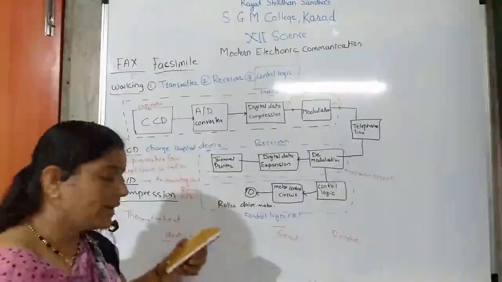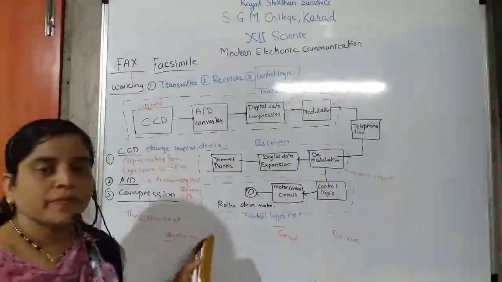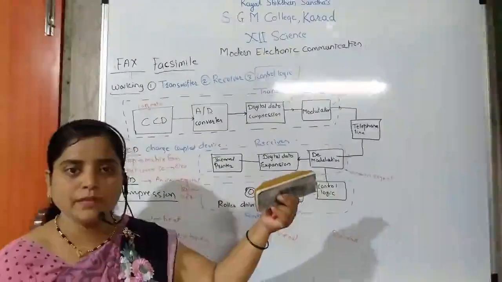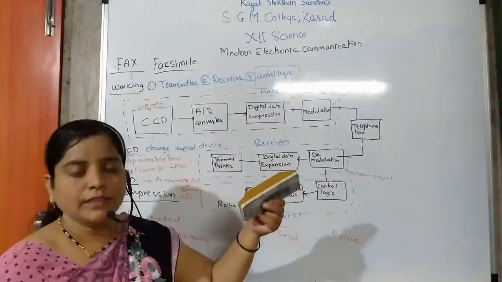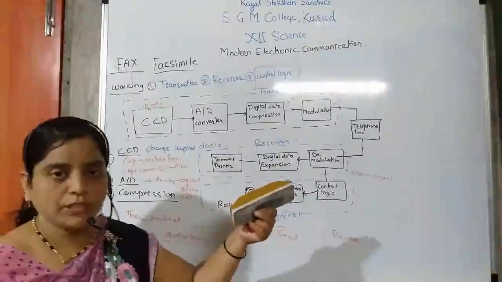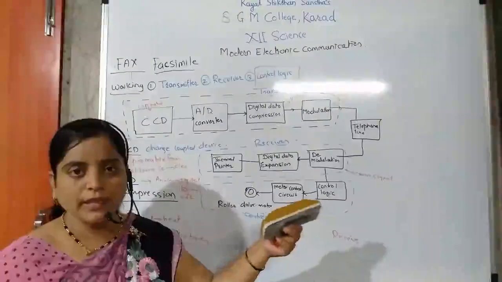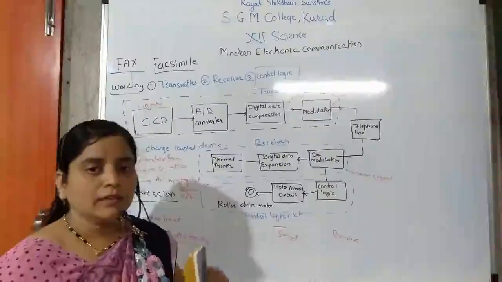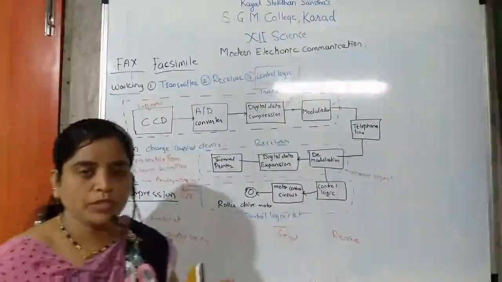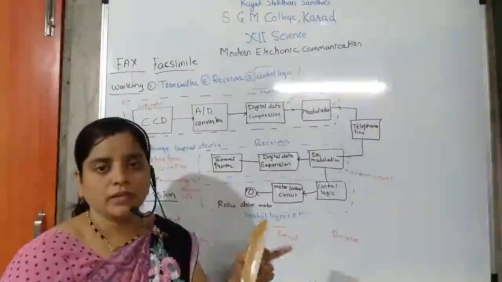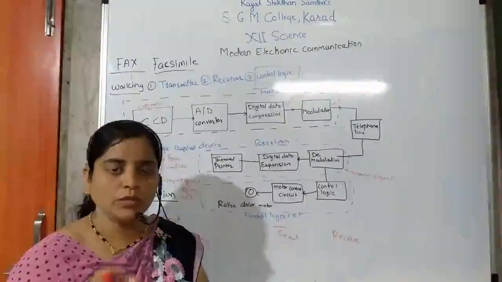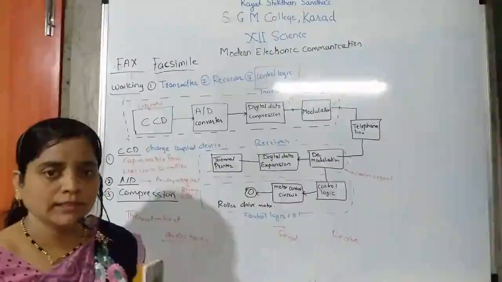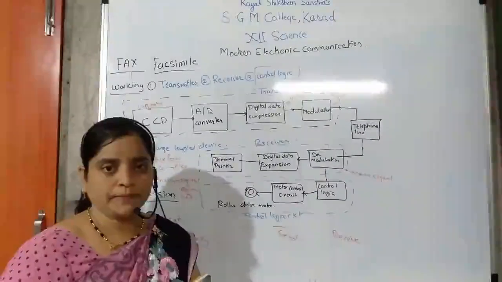Another fax machine receives it, and your document will be received there, or either it is received or not. For handshaking, to ensure compatibility between these two machines, control logic is used, and control logic ensures between these two fax machines whether the document is successfully faxed or not.